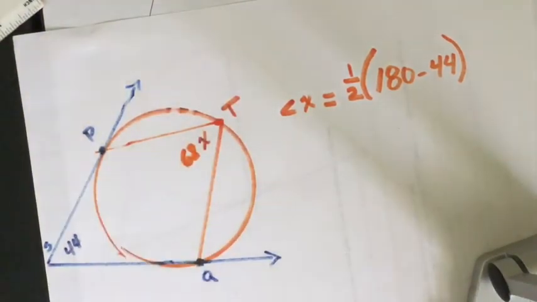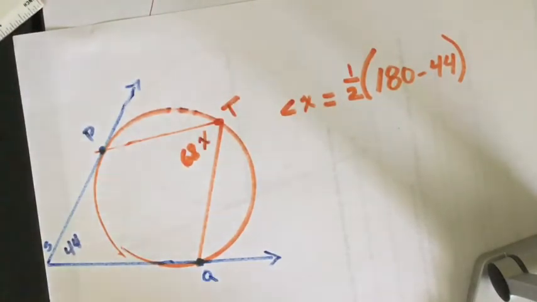Again, I combined two theorems, the circumscribed angle theorem and the inscribed angle theorem. That gave me 1/2 of the quantity 180 minus 44, and that gave me x. That was easy, all right?